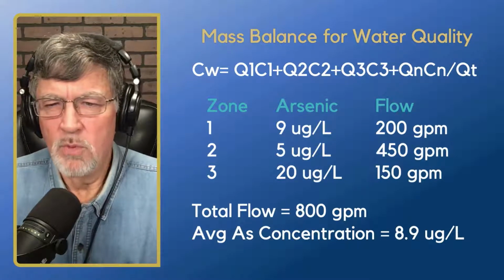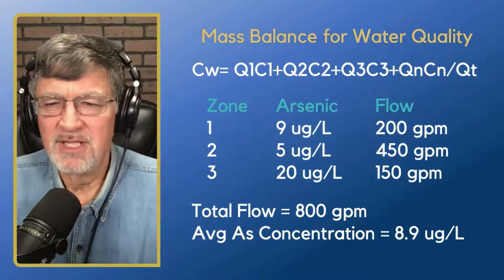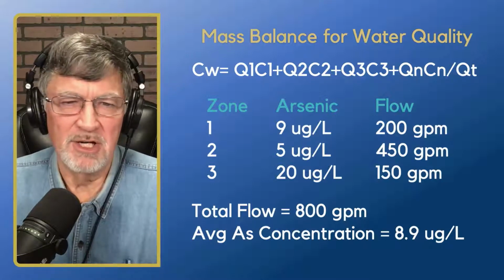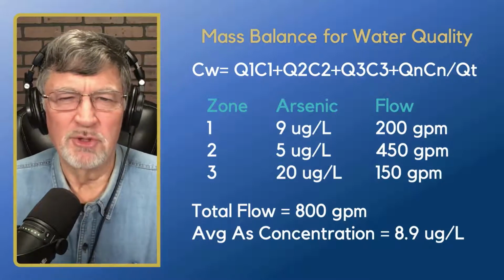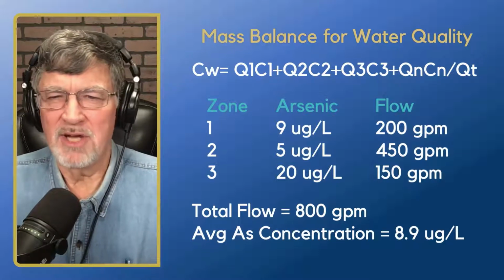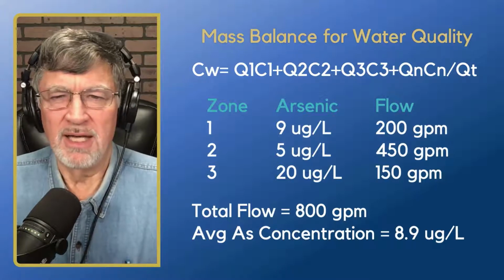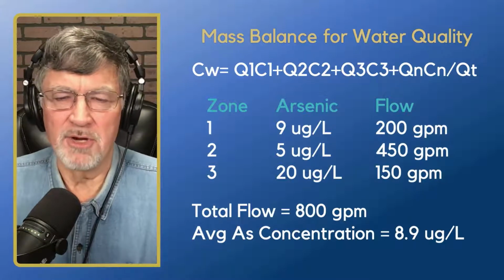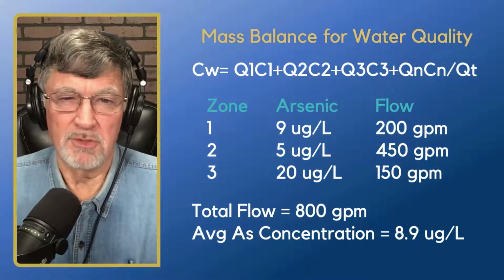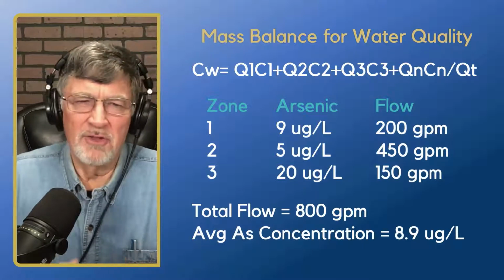Right now we're running at 8.9, which is pretty much 9 micrograms per liter, which is just 1 shy of the MCL. Kind of a little too close for comfort. So in this case, we may look at sacrificing that 150 gallon a minute zone to knock our concentrations way down, so we don't have to look at potential treatment or additional monitoring. So you can start to see how this might work out.